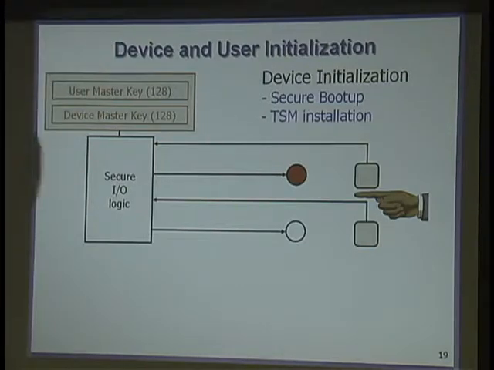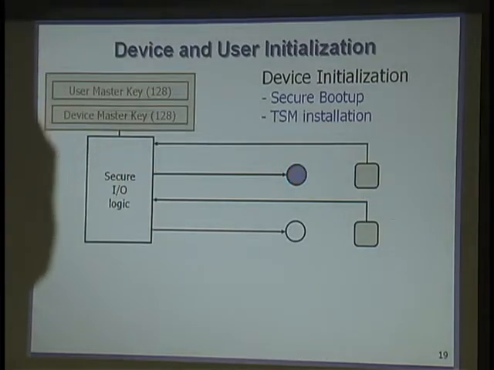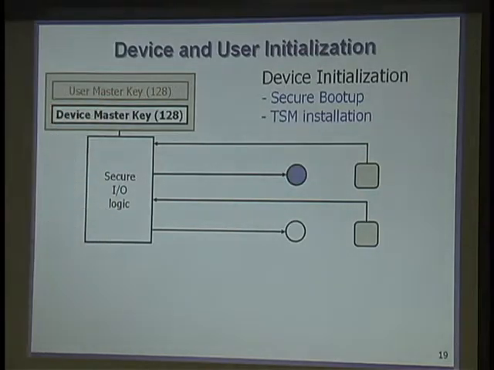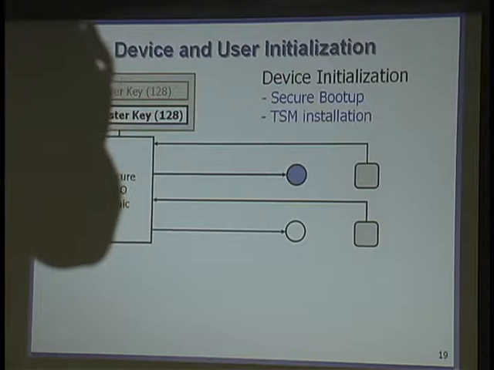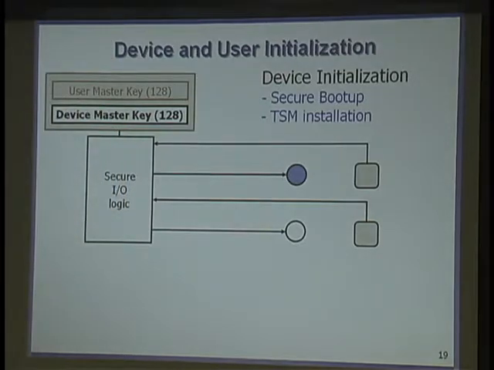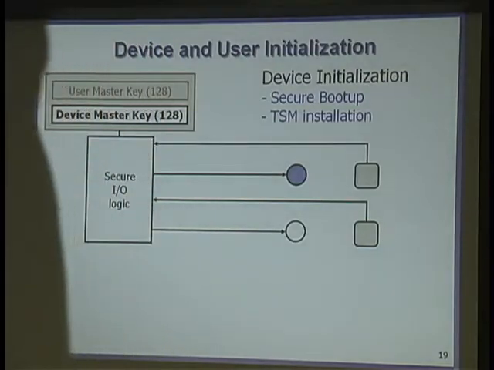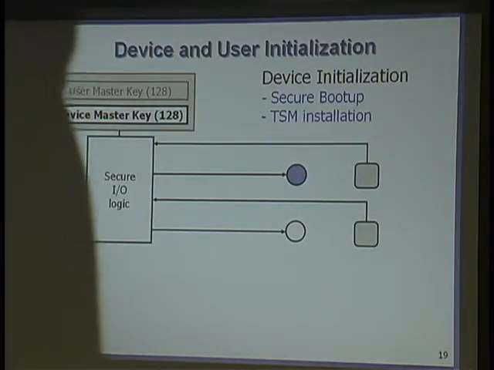So device initialization happens on secure boot up. You've got to have secure boot up. Initially, the device master key may not be ready, and so it will be red. You press that button to say initialize the device master key, which is done only in secure boot up. It will generate a new random key, and it will store it in the device master key, and the LED says blue. So you've got a good device master key.